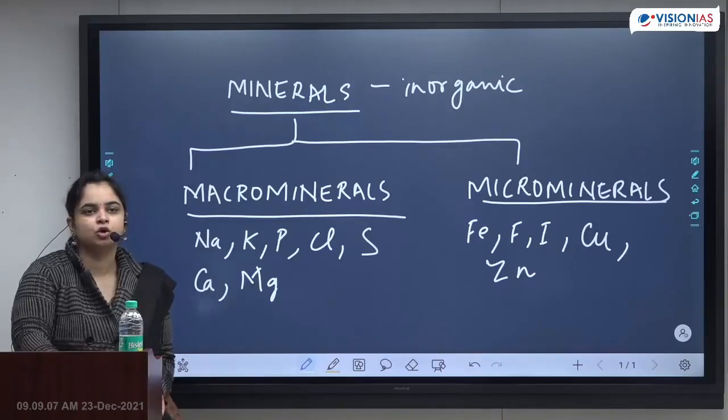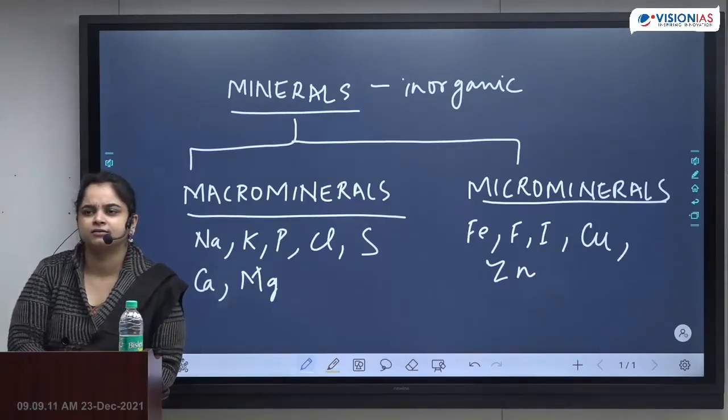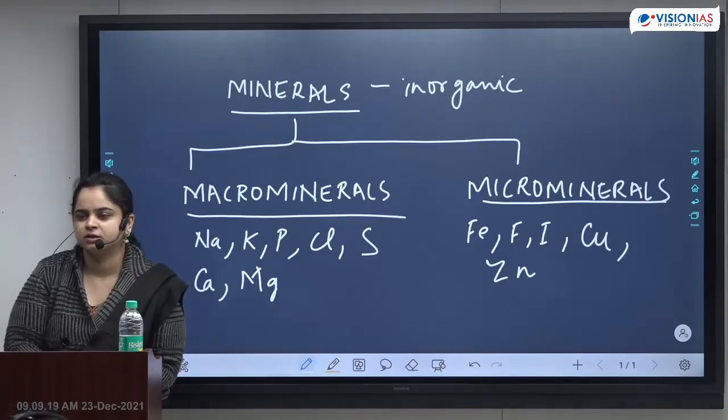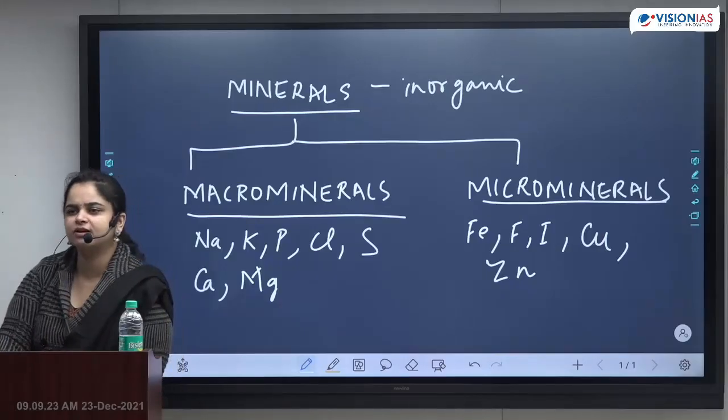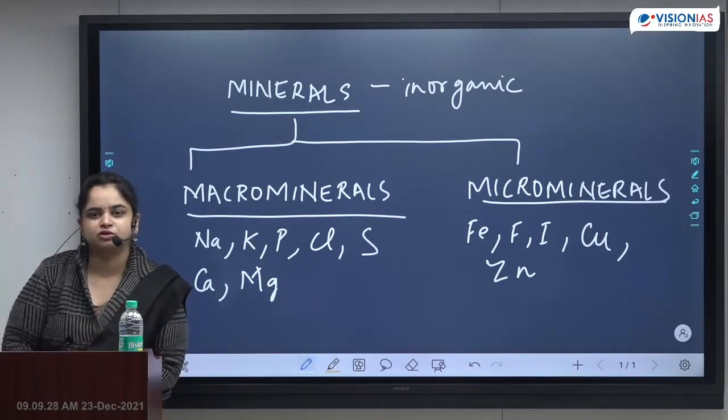Then chlorine. What is the source of chlorine? Salt again. So salt is sodium chloride. Sodium and chlorine together, that's what salt is. So the function of chlorine would also be around fluid balance only. So source, common table salt.